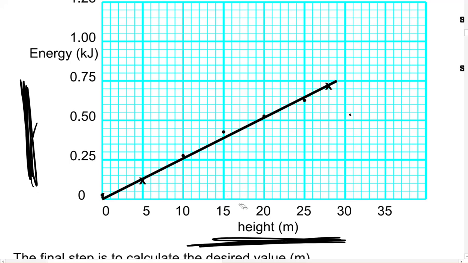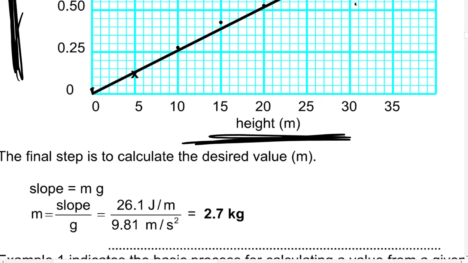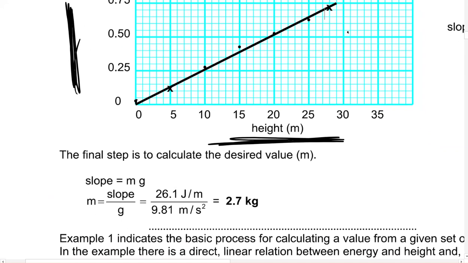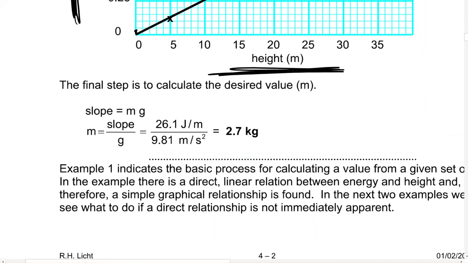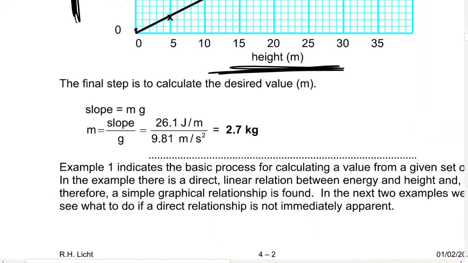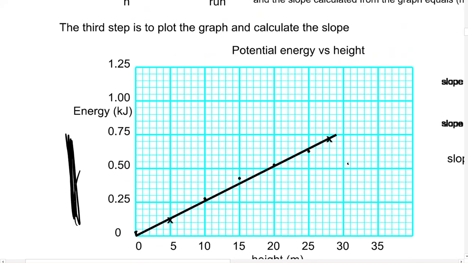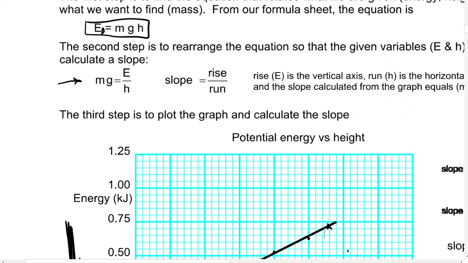Okay, moving on. Once you've figured out the slope from the graph, by figuring out your rise over run, then you can go back and say, if I know my slope... sorry, I'm scrolling all over the place. We said that the slope part of the formula was mgh.